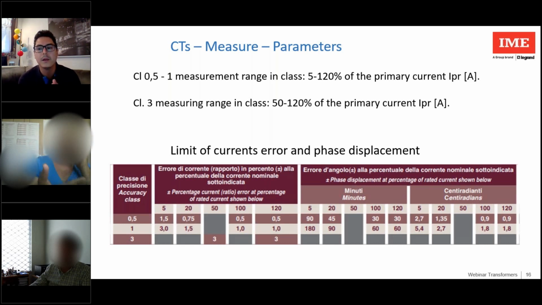Note that the closer you get to the rated current, the smaller the error will be. For class 3 CTs instead, tests are performed from 50% to 120%. This is a big limitation.